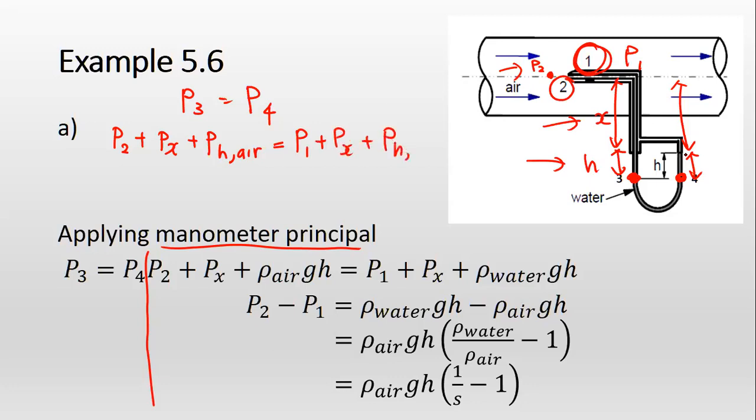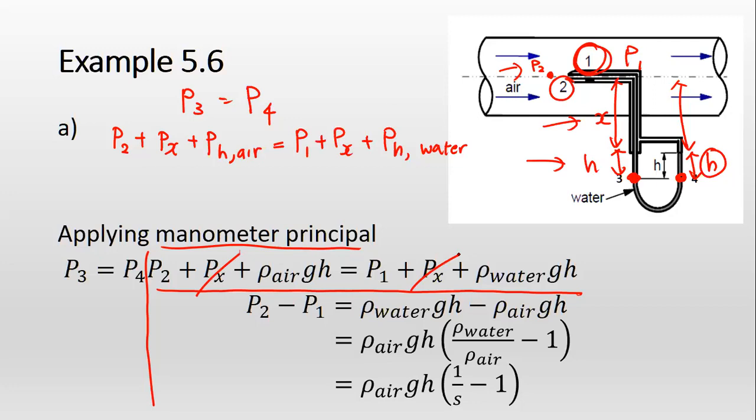But in this case, the H here is filled with water, so the fluid is different, and you must put it as water. By applying this manometer concept, you get this formulation: P2 plus PX plus rho air gH equals P1 plus PX plus rho water gH. The PX is the same, so you can cancel it.